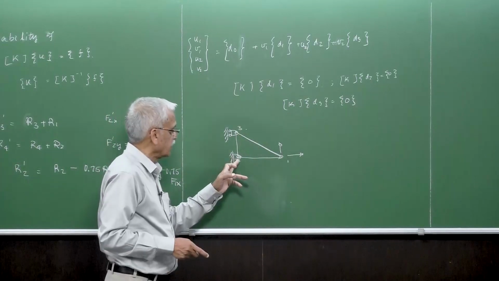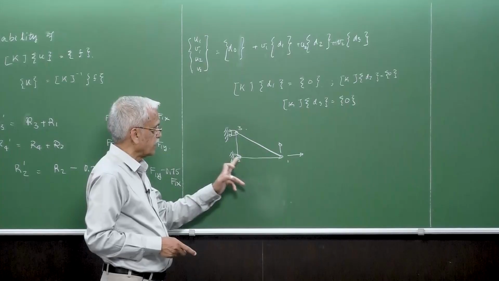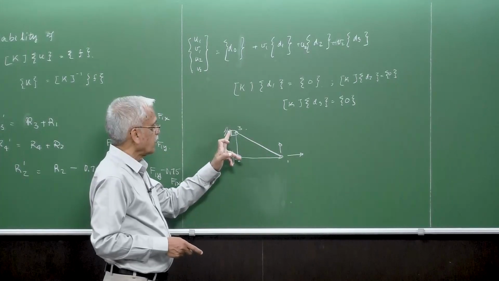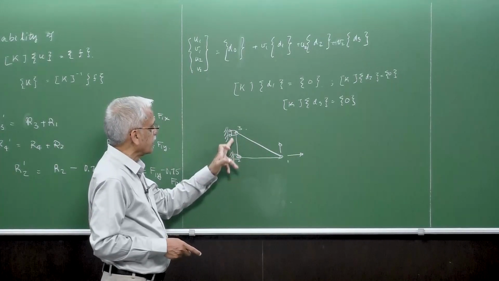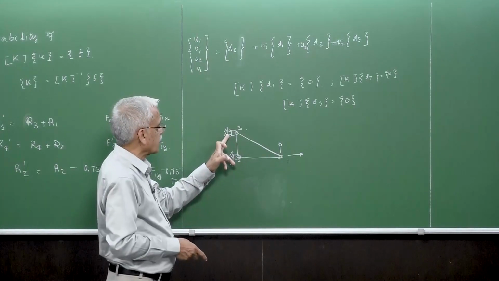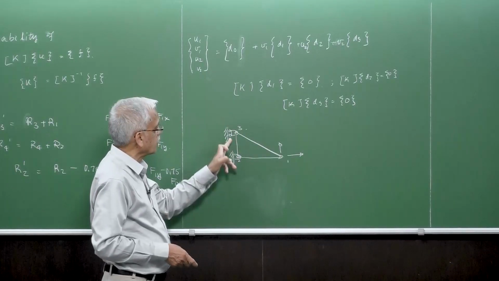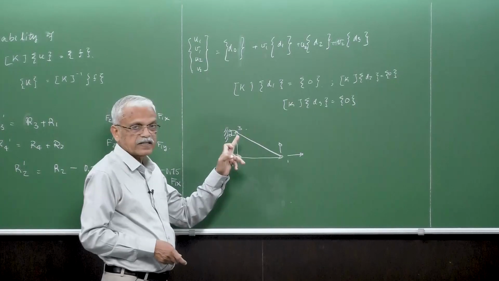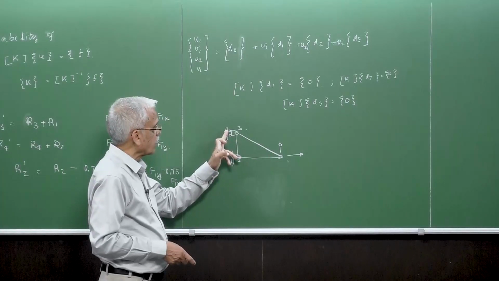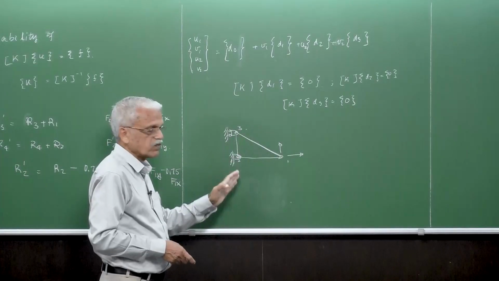For example, this kind of boundary condition will not let the structure move in the x direction or in the y direction, but still this cannot restrain the rotation. However, this kind of constraint, where the node can move in the y direction but not in the x direction, will not allow node 3 to swing around node 2.